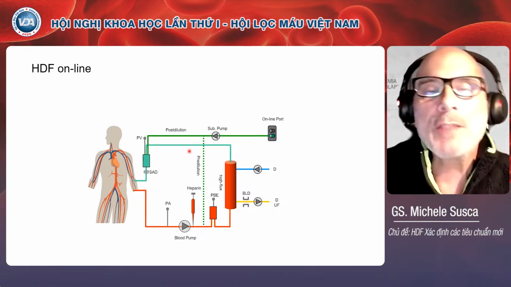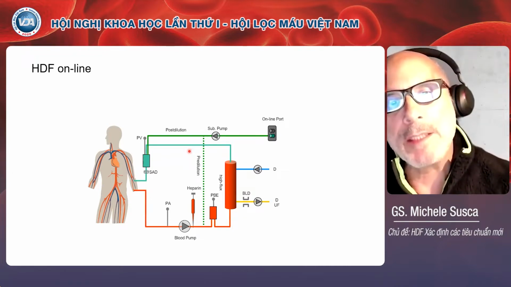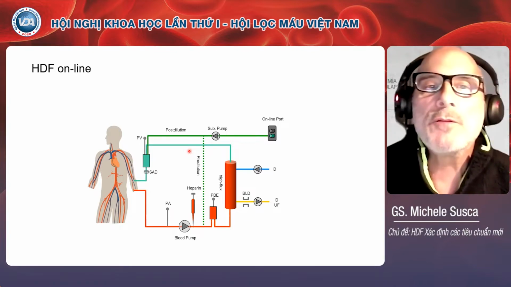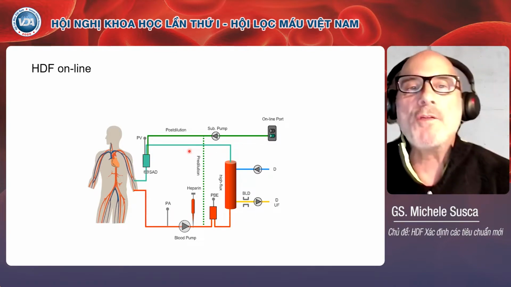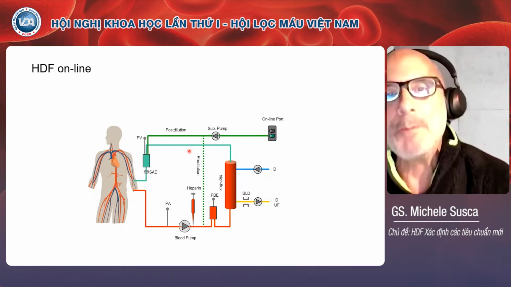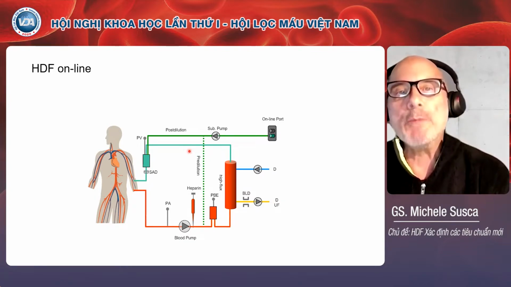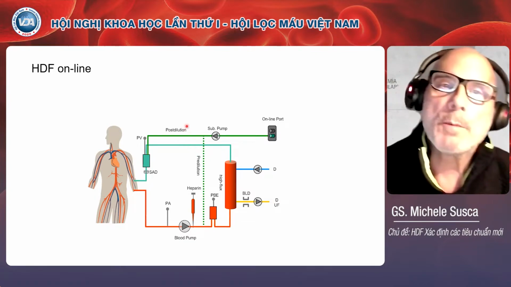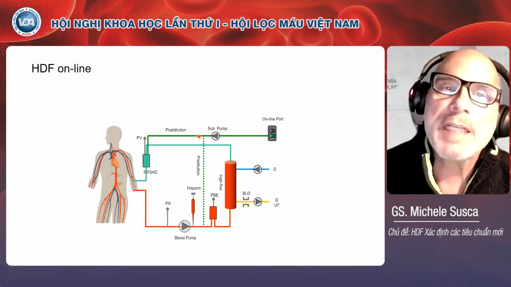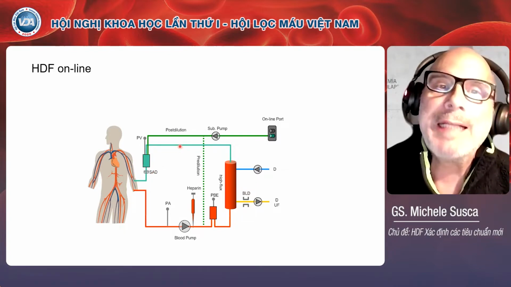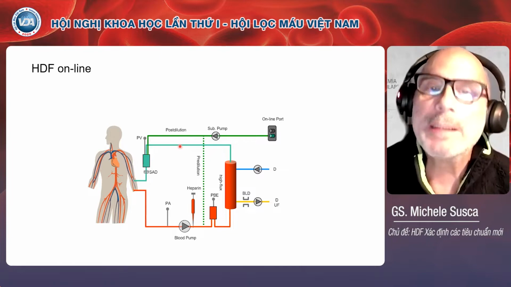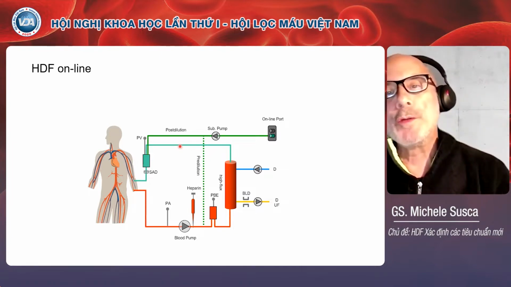And this fluid has to be prepared by the dialysis machine. That means this fluid is a part of the dialysate prepared by the dialysis machine. Only this substitution solution, because it goes into the patient, it has to be cleaned quite well. Okay, good.